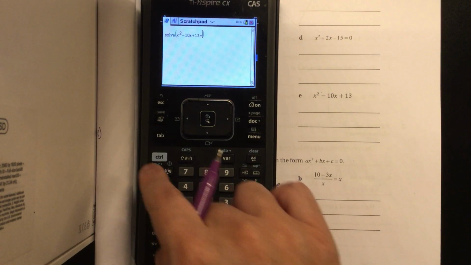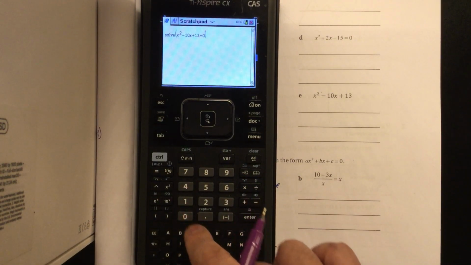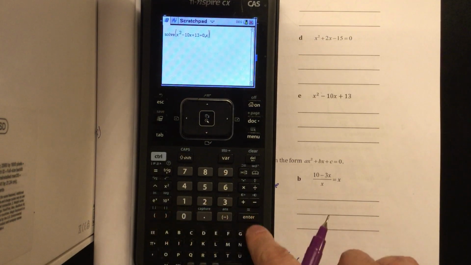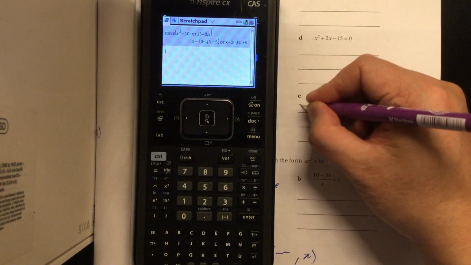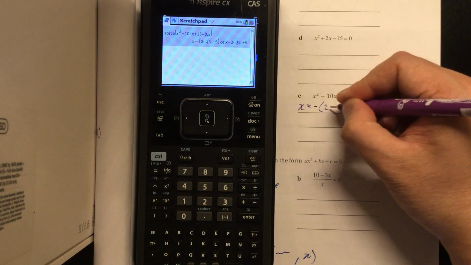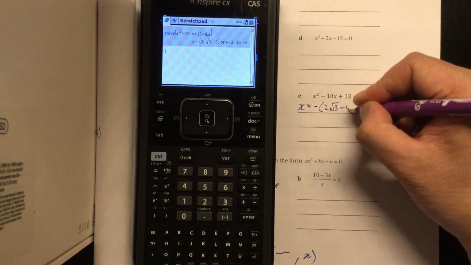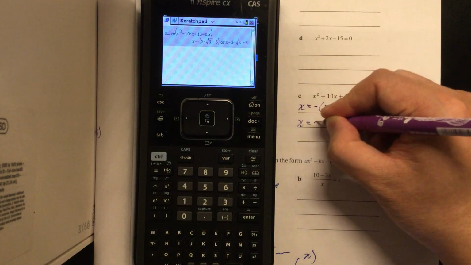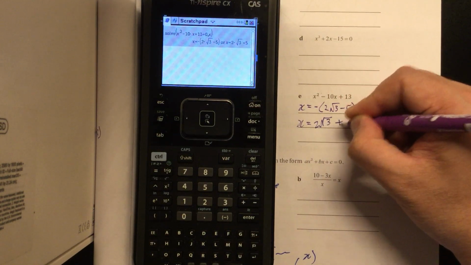It's asking me to solve this question, meaning if we say solve, it must be equal to 0. Dong. Okay, the x equals to negative 2 square root of 3 minus 5, x equals to 2 plus 5.